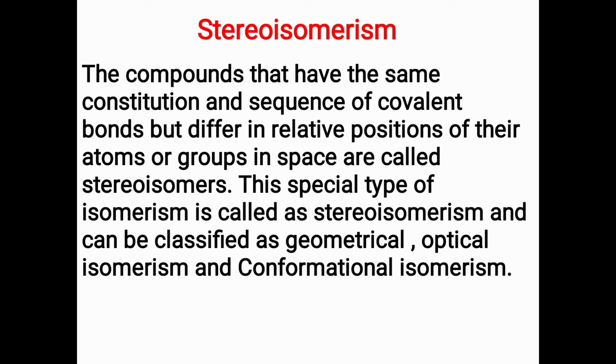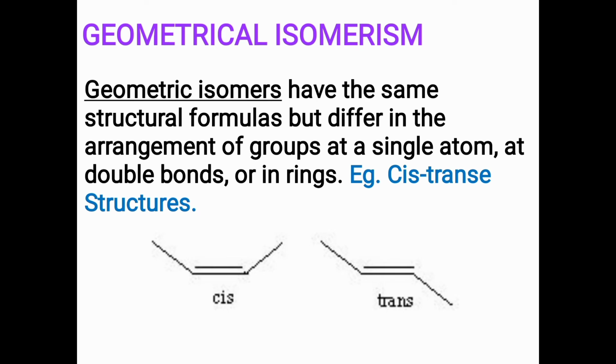Compounds that have the same constitution and sequence of covalent bonds but differ in the relative position of atoms or groups in space are called stereoisomers. Suppose a carbon has four different groups and the arrangement of the groups with respect to each other is changed, then it is considered a stereoisomer. This special type of isomer is called a stereoisomer and can be classified as geometrical, optical and conformational isomer. Example. What is the geometrical isomer?